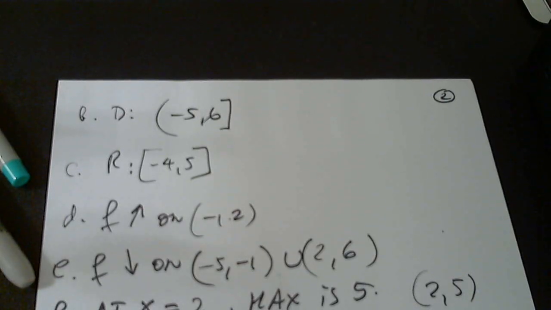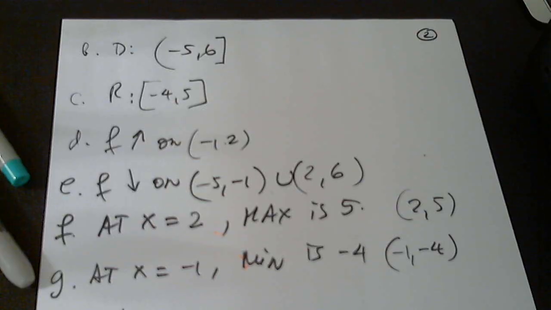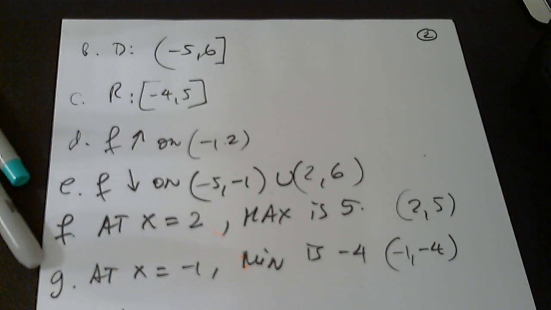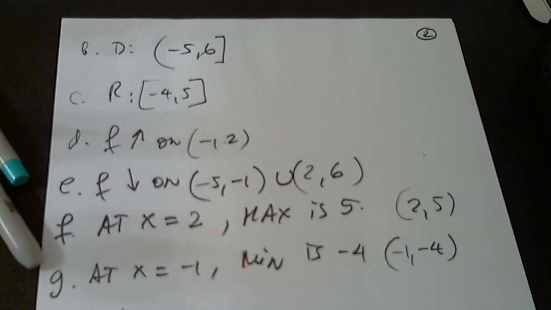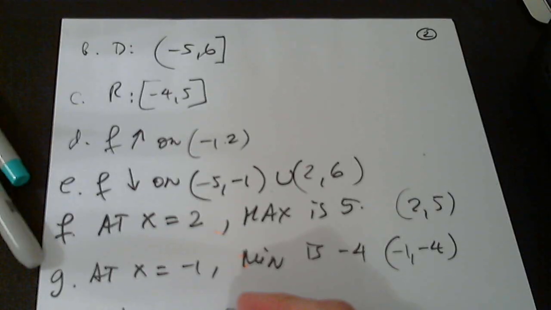Does this function have x-intercepts? Please, anybody? Yes. Okay, at x equals -4, yes? And 5. And that's it.